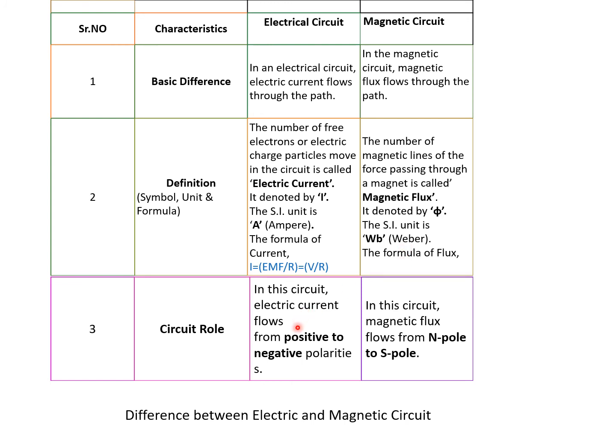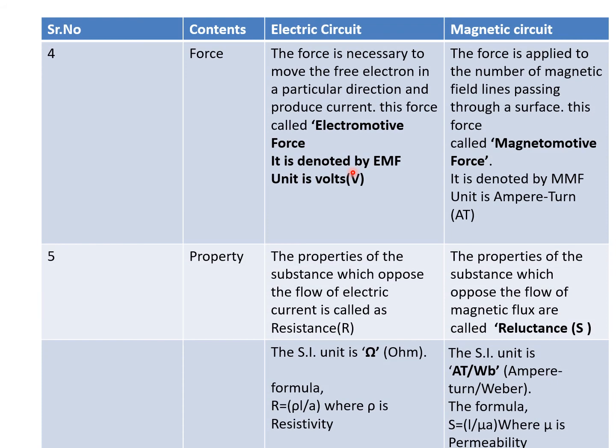Next is the circuit. In this circuit, the electric current flows from positive to negative polarities, whereas in magnetic circuit, what is happening? The flux always flows from north pole to south pole. And next is force.